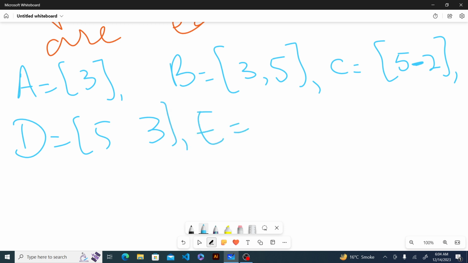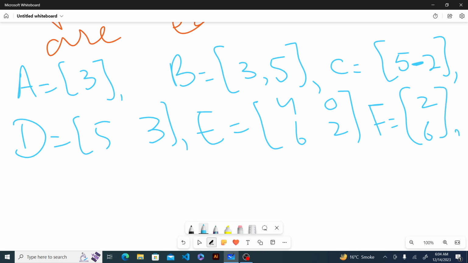Then E is equal to [4, 6, 0, 2], it has 4 elements. Then F is equal to [2, 6], it has only 2 elements. Then G is equal to [3 minus 1, 3 plus 3]. Then H is equal to [4, 6, 0, 2].